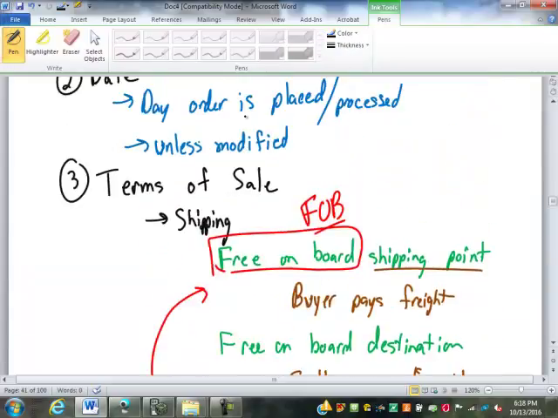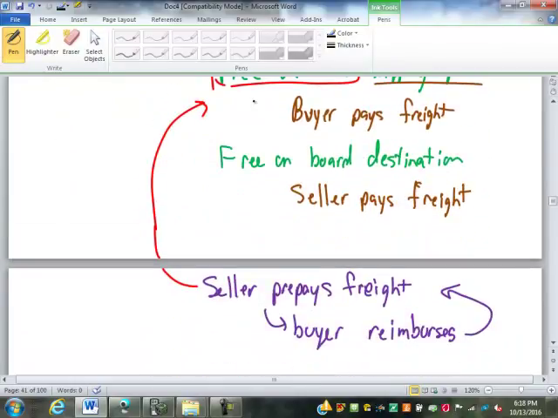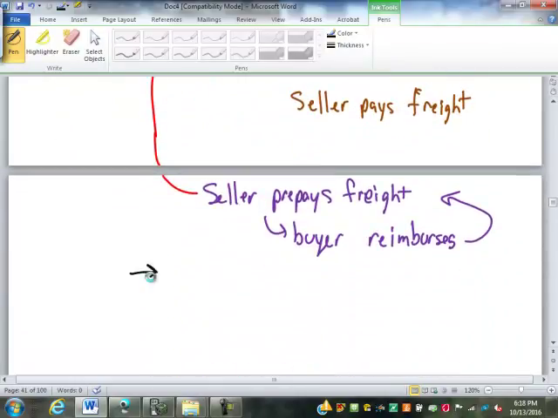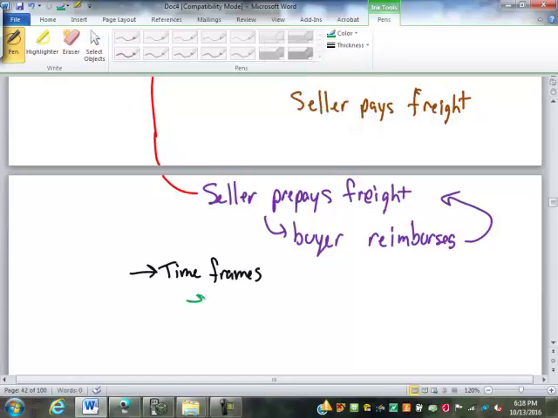Also, part of the terms of sale, we have the shipping there. There are the periods, time frames. Often, there is a cash discount period. This is still under the terms of sale.